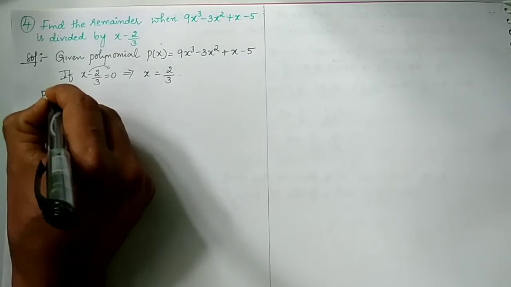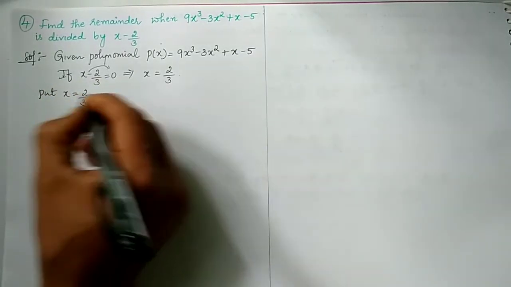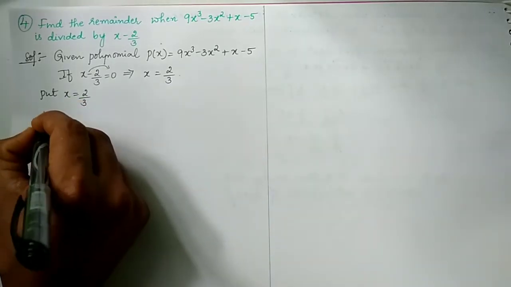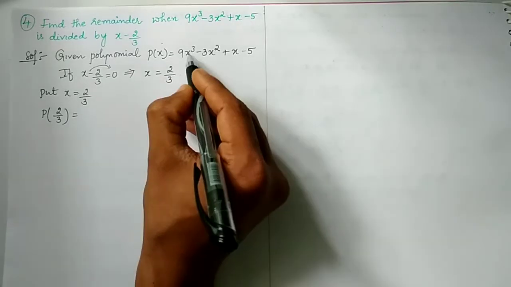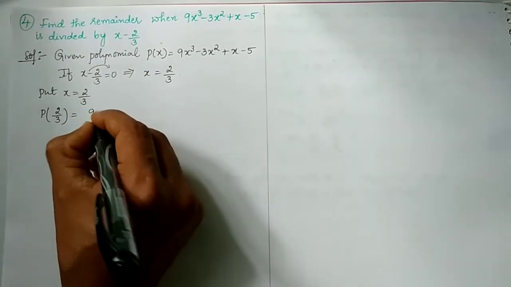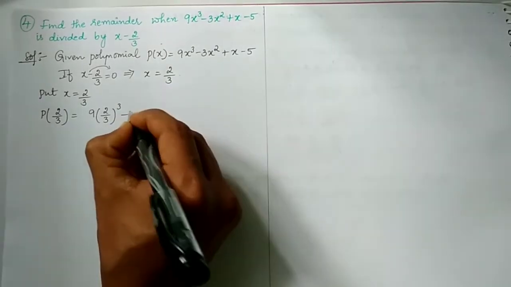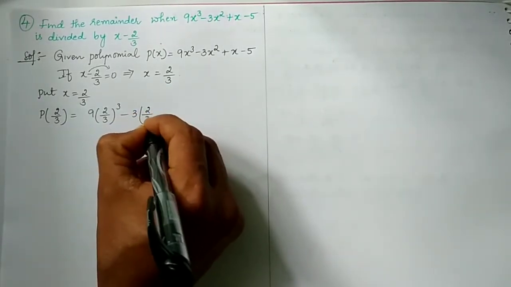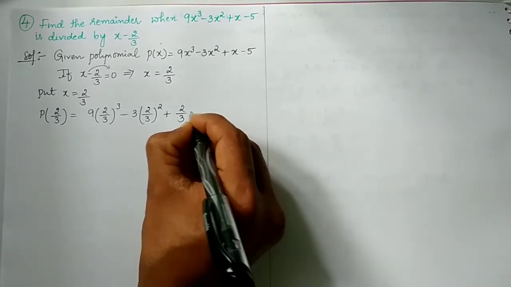Put x equals 2 by 3. We get p of 2 by 3 equals, in place of x we substitute 2 by 3, that is 9 into (2 by 3) cubed minus 3 into (2 by 3) squared plus 2 by 3 minus 5.